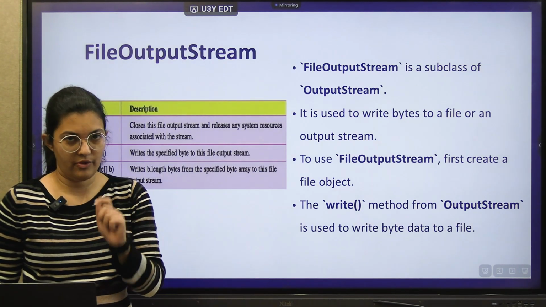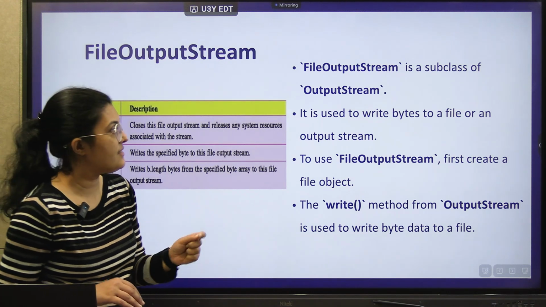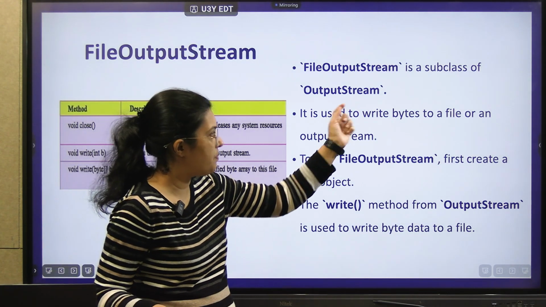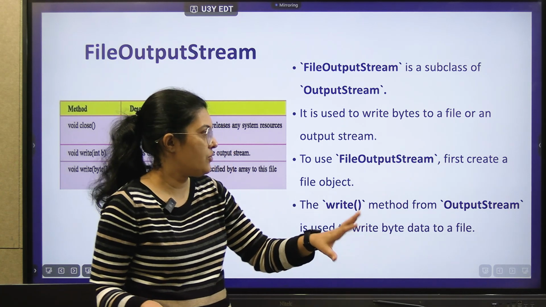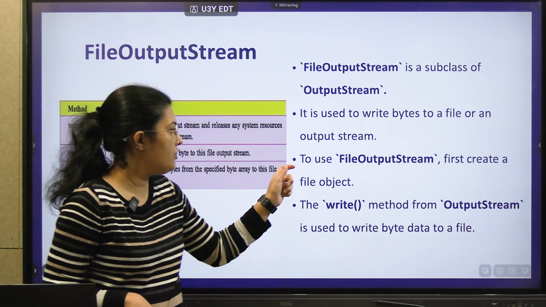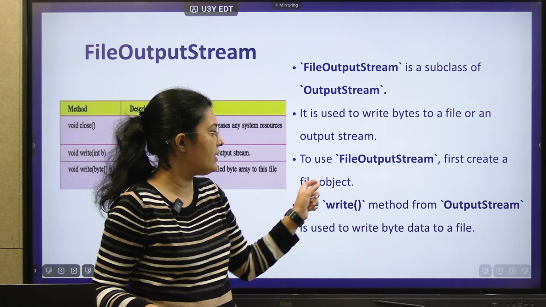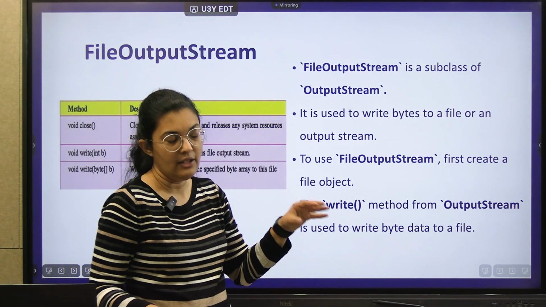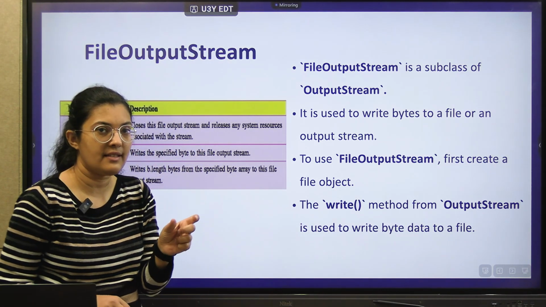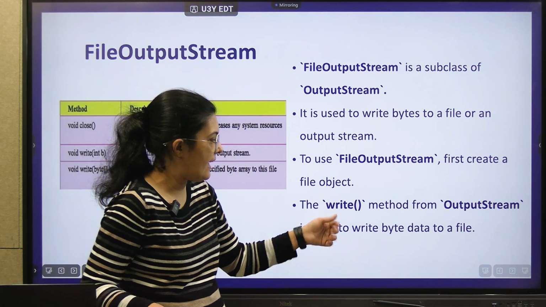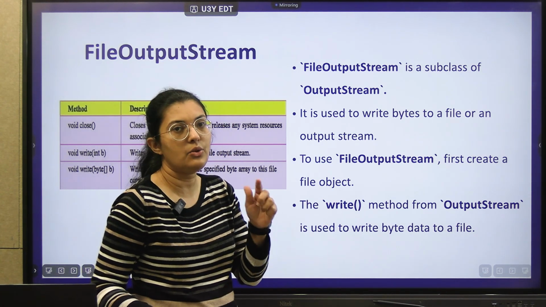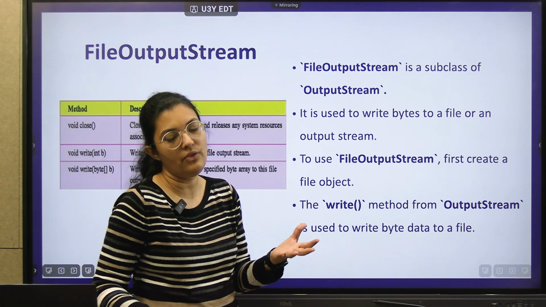So FileOutputStream, which is the subclass of which class? The OutputStream class, which is used to write binary data into the file. To use this class, we have to create the file object. So we have to pass the file object as a constructor argument inside this class, and after that we can use the write method to write the binary data into the file.